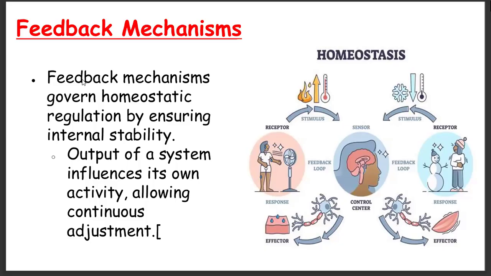So these are the ones that govern homeostatic regulation by ensuring internal stability. The output of a system influences its own activity, allowing continuous adjustments. So these are the feedback mechanisms.